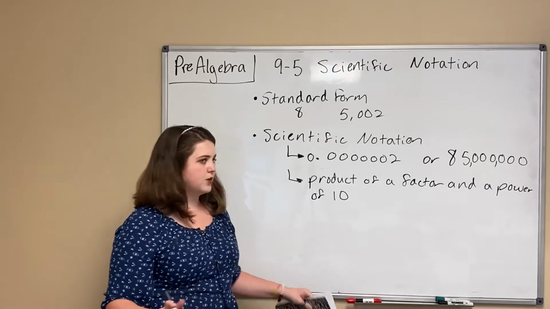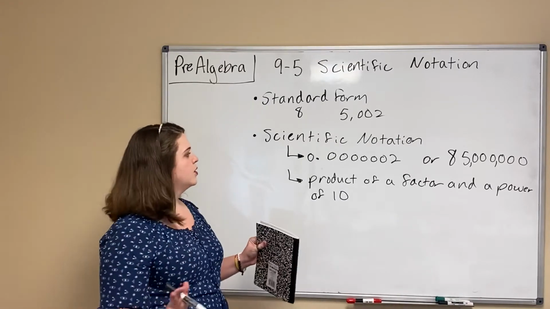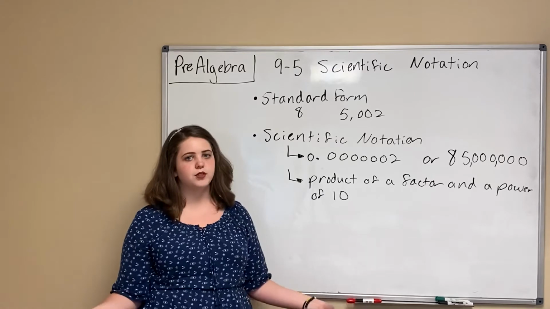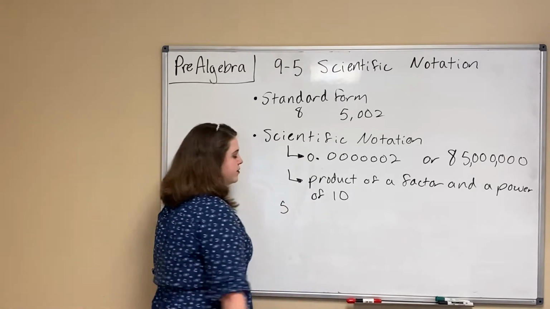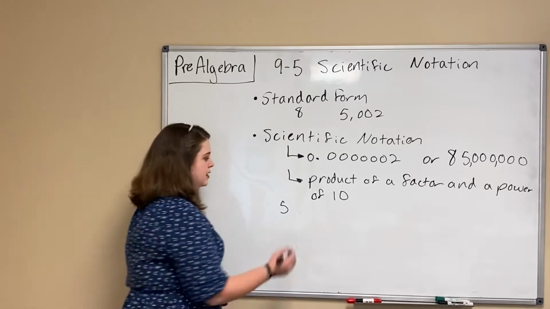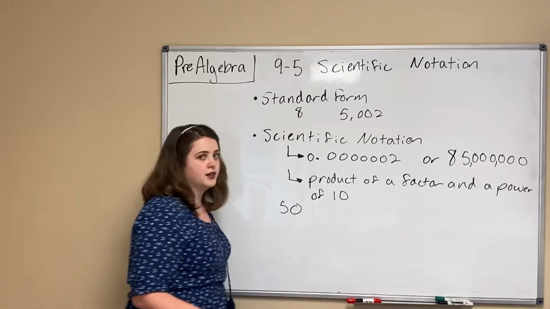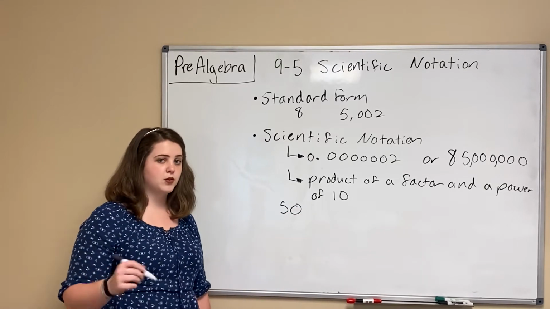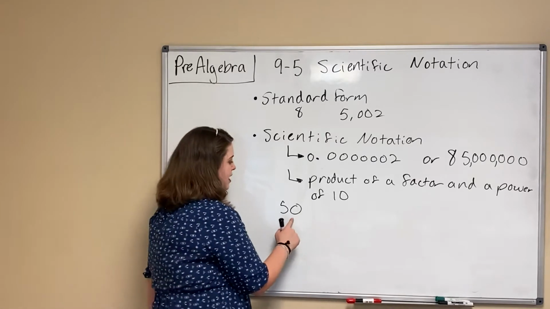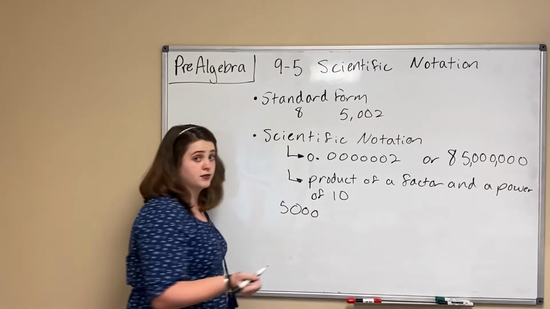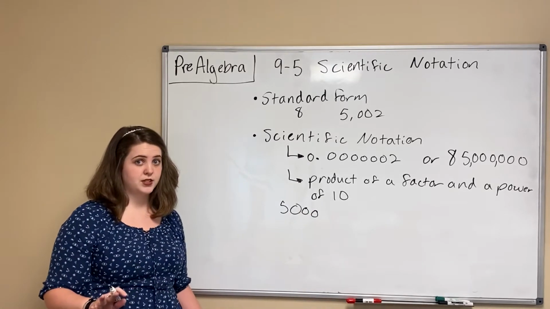First, what happens when you multiply something by 10? If I had 5 and I multiplied it by 10, that means I would be adding a 0, right? If I multiplied it by 10 three times, then I would be adding 3 zeros. Does that make sense so far?